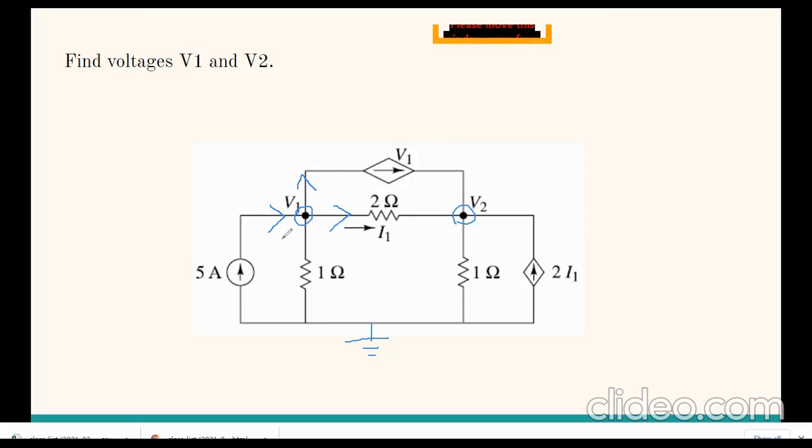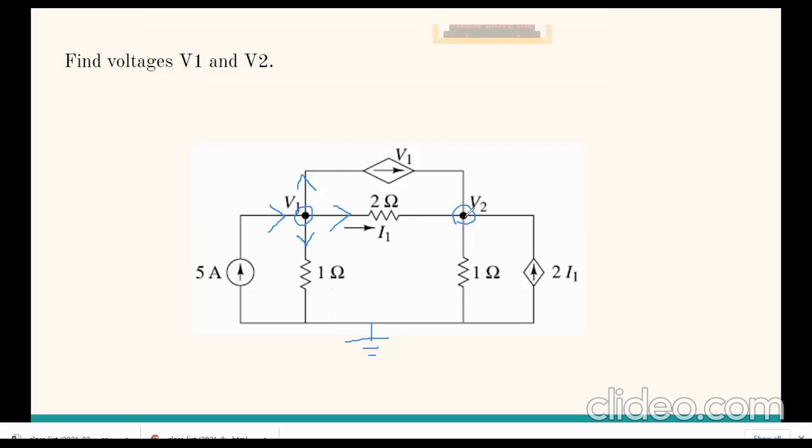Now remaining is this 1 ohm resistor. Here this 1 ohm resistor is connected between the node 1 with voltage V1 and the reference node. So obviously the direction of current flow will be from V1 to ground. So in this way we have given the reference directions at node 1.